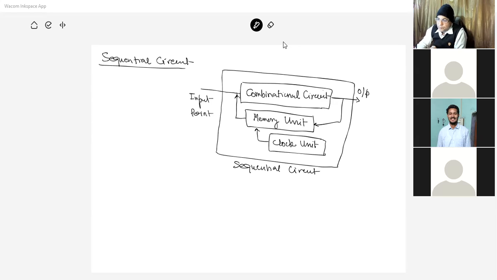So how is this block termed? The circuit changes its values.